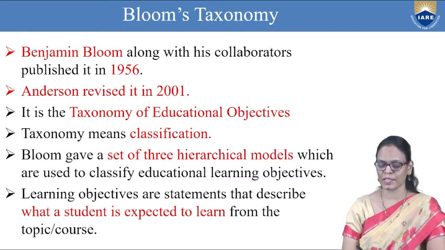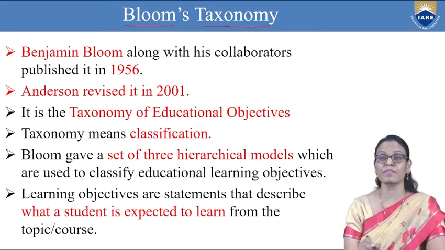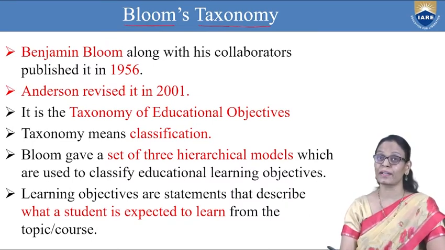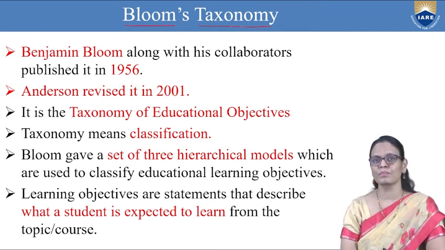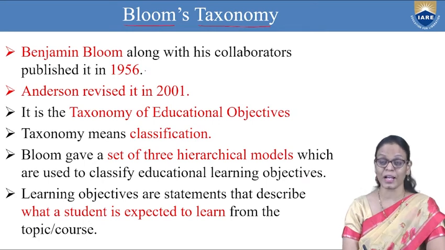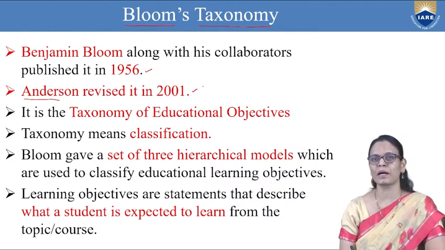Now coming to Bloom's taxonomy, it's a very important thing which every student should know. So let us spend a few minutes on understanding Bloom's taxonomy. Benjamin Bloom, along with his collaborators, published it way back in 1956, and another person by the name Anderson revised it in 2001. What is this taxonomy all about?